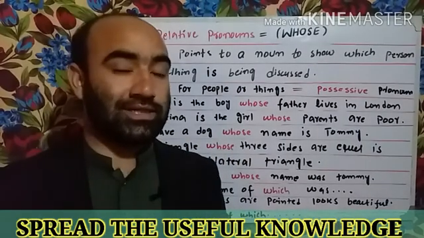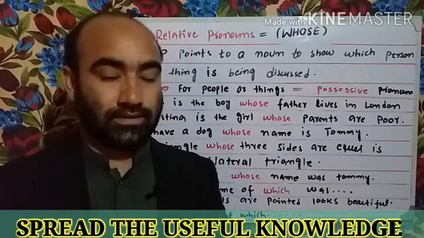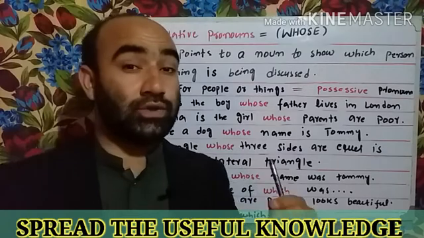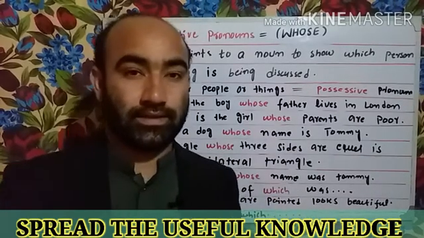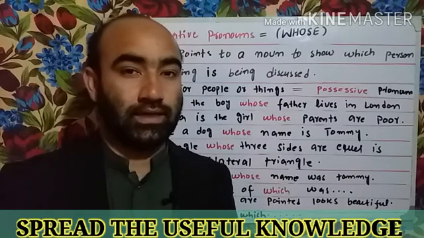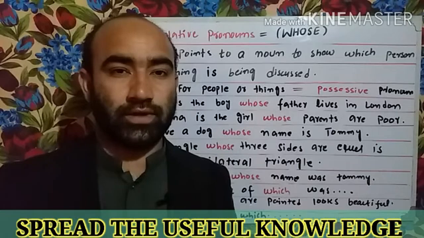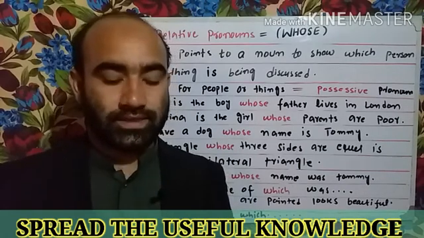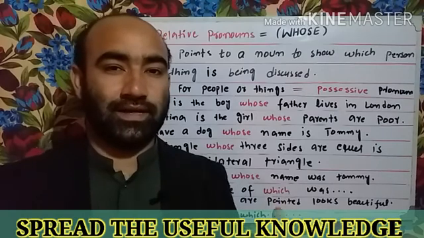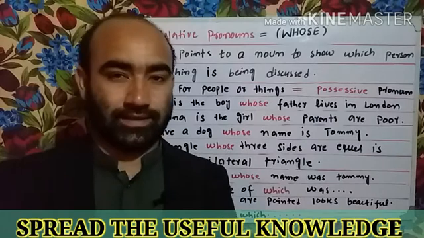In English, animals are also considered as non-living things. Just in English. If we talk about biology, chemistry, or other subjects, the scientists consider the dog and the animals as living things.